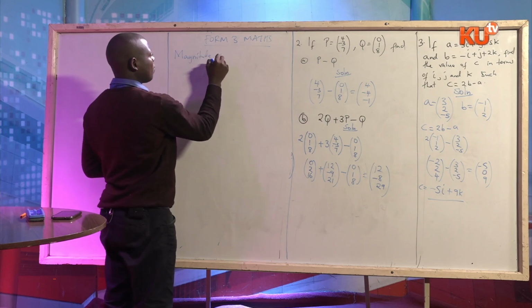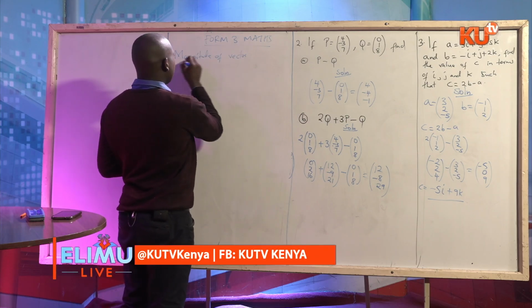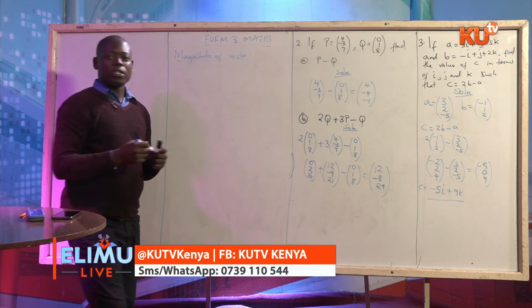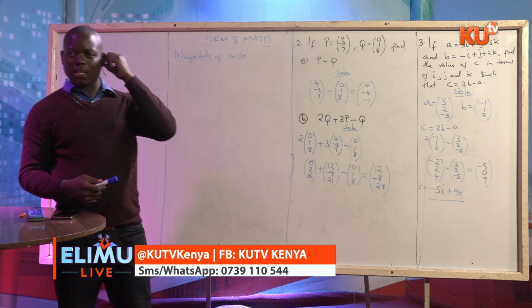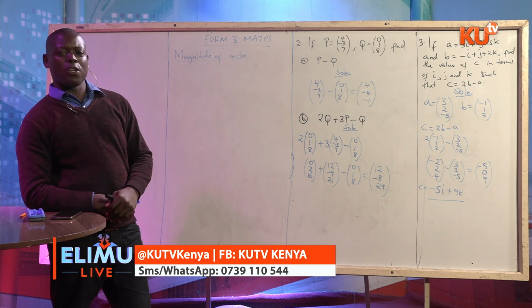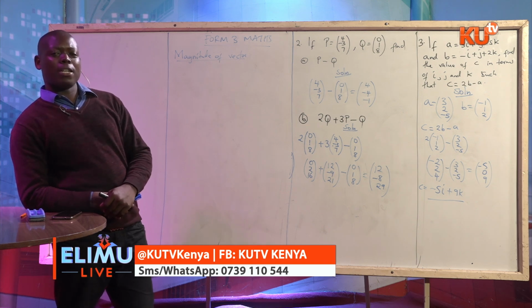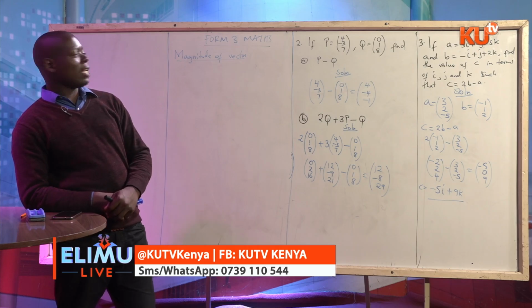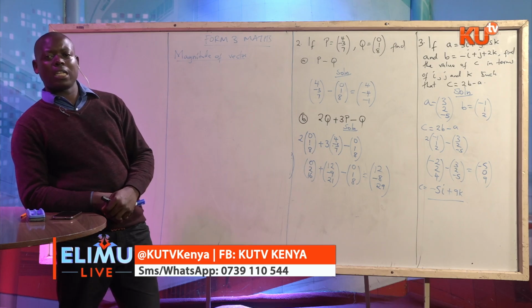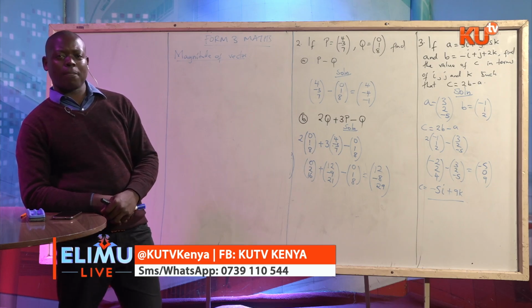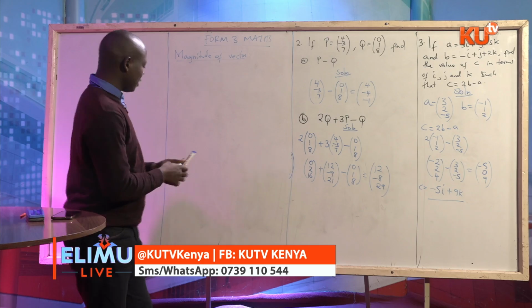Since this concept was covered in your Form 2 mathematics, students, under vectors 1, you must have looked at the magnitude of a vector. It is also important to remember that in vectors 1, you were introduced to two terms that can be used instead of magnitude.